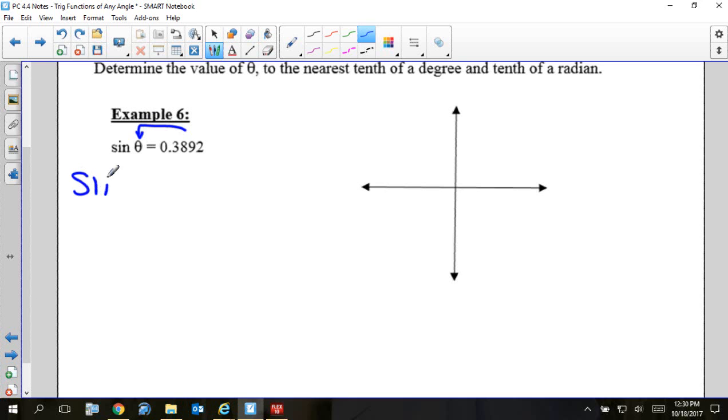Sine inverse, second sine, right? 0.3892. I would like everybody to do this, even if your partner has it too, because I want you to go through these keystrokes and start learning what we need to do.